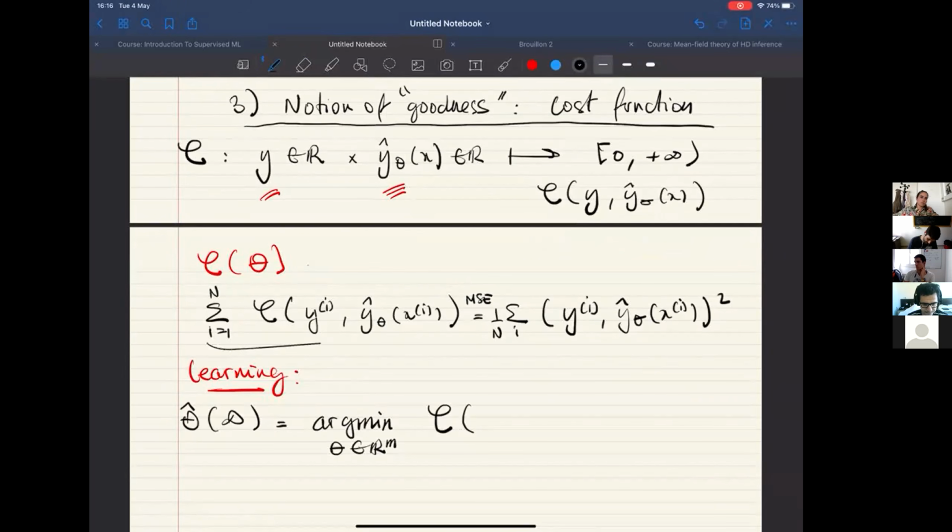Where this cost, I denote it like this. I don't write the sum, I write it in matrix form like this, but this is what I mean.